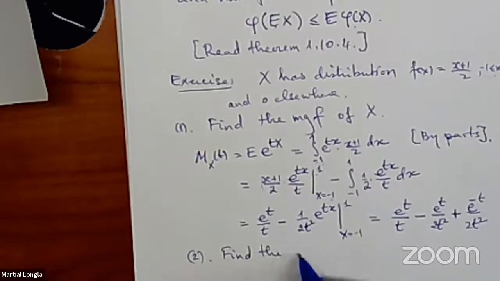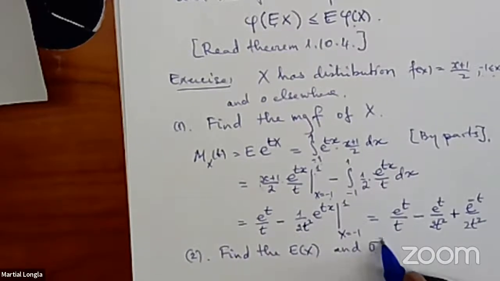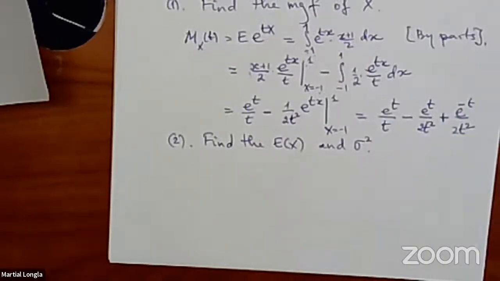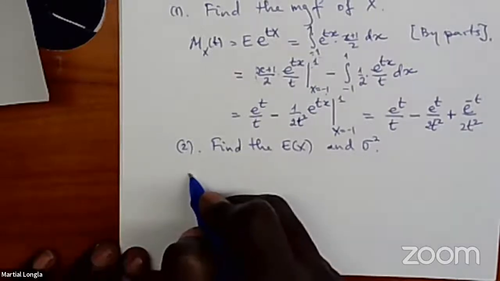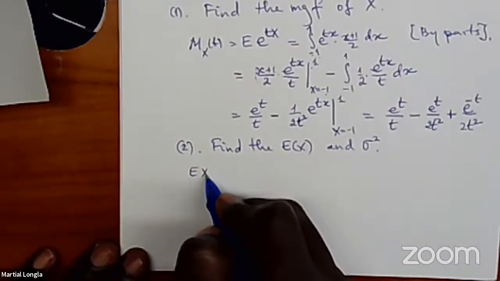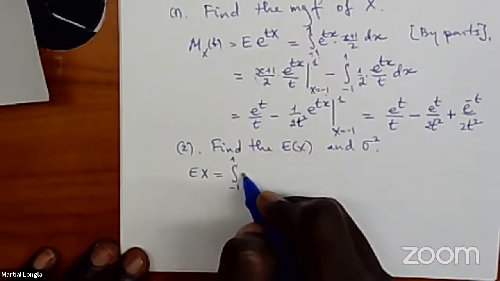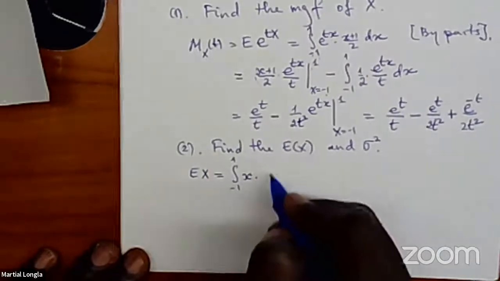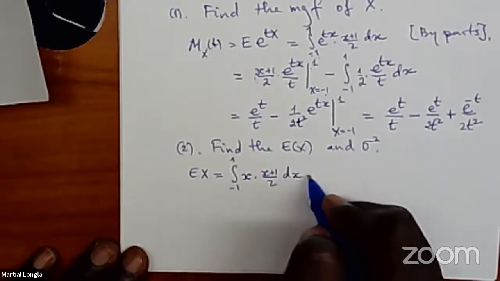Find the expected value of X and sigma squared. By definition, the expected value of X is integral from minus 1 to 1 of x times the density, which is (x plus 1) over 2, dx.